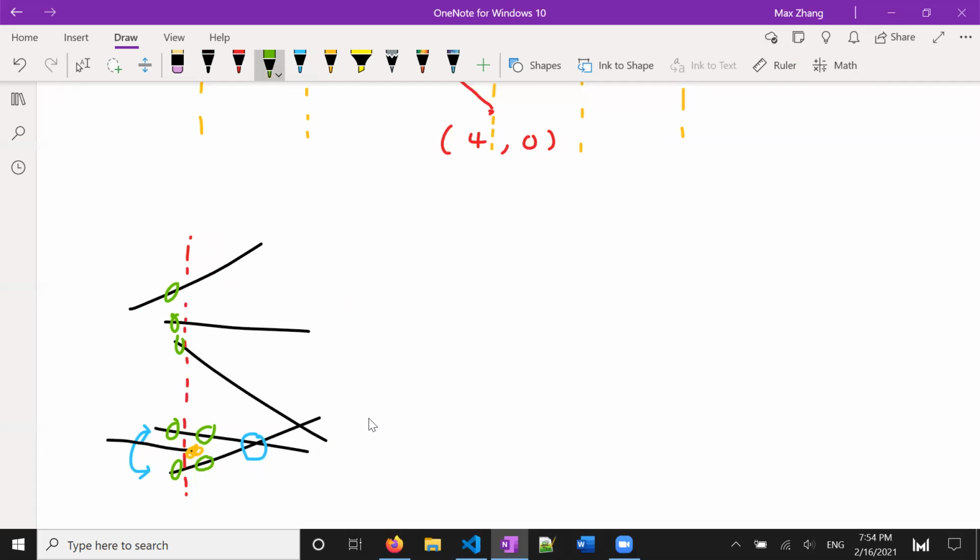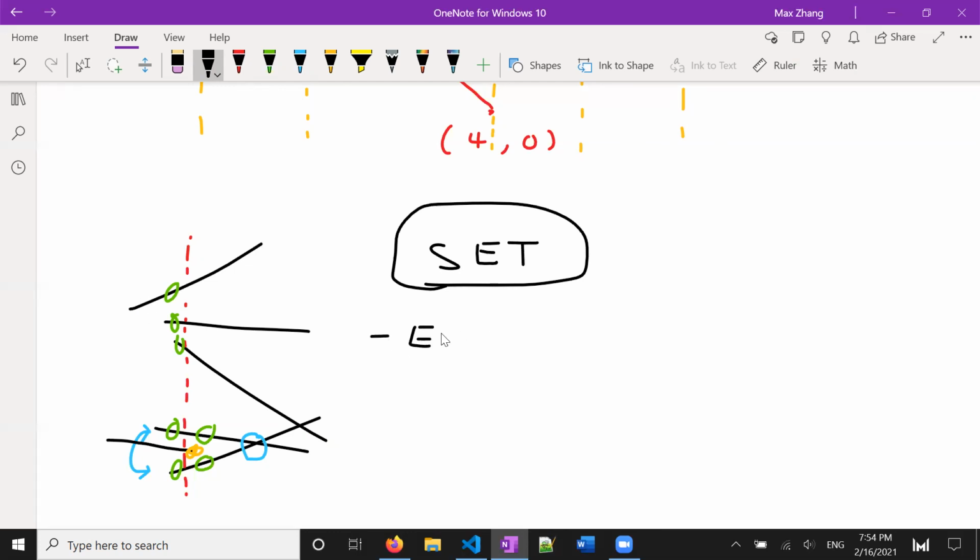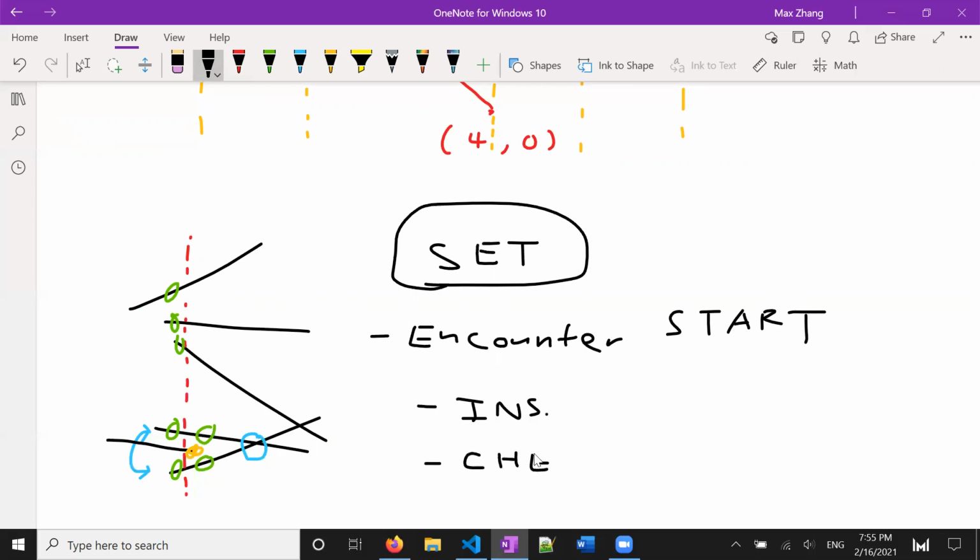And so this gives us the following solution idea. Basically, we maintain our set. I'm going to formalize this now. I've already said this before, but I'm just going to restate it clearly. We have our set. We sweep from left to right. Every time we encounter the start of a segment, we insert it into the set, and then we also check for intersection with its neighbors.